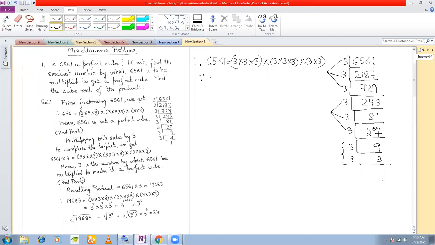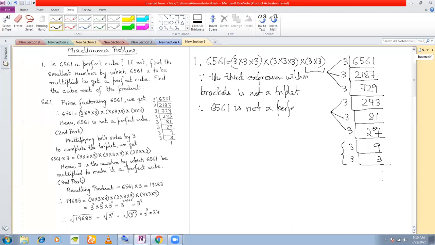Since the third expression within brackets, that is this one, is not a triplet, therefore 6561 is not a perfect cube. Clear with this?